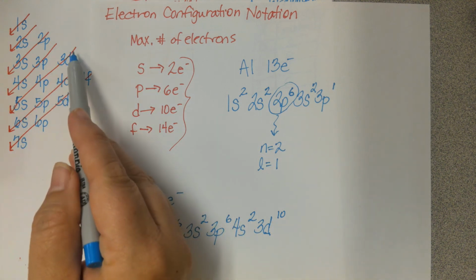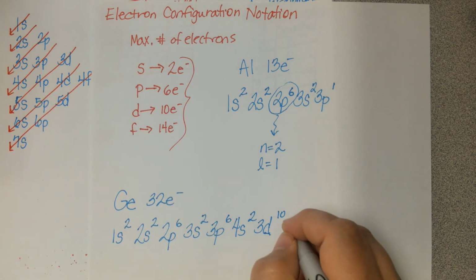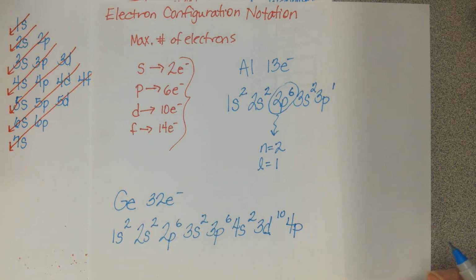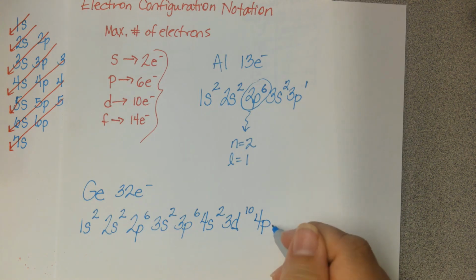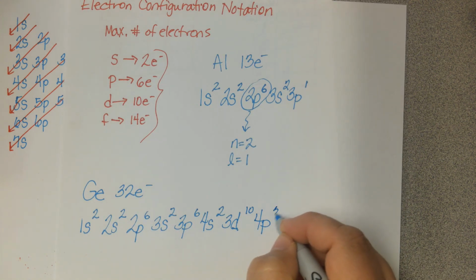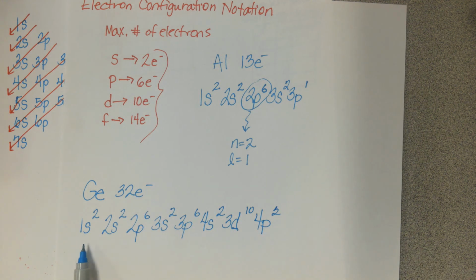So what comes after this 3d? 4p. So for 4p, I only need 2 more electrons. So even though I could put up to 6 electrons here, I only need 2 more to give me my 32. And so that is the electron configuration of germanium. If you have any questions or need any help or more examples, make sure that you let me know.